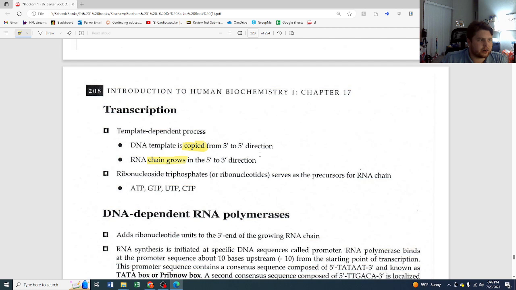But the RNA chain grows in the 5' to 3' direction. Do you see the subtle difference there? Reading it 3' to 5' versus making it 5' to 3'. It's slightly different. Just be really careful when you're reading questions and see what it is actually asking.